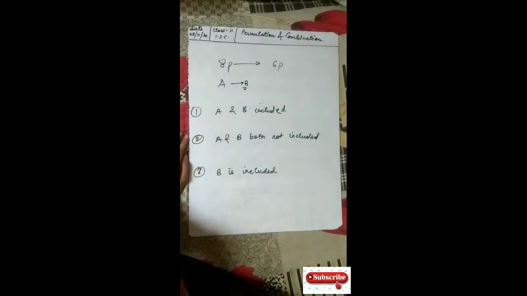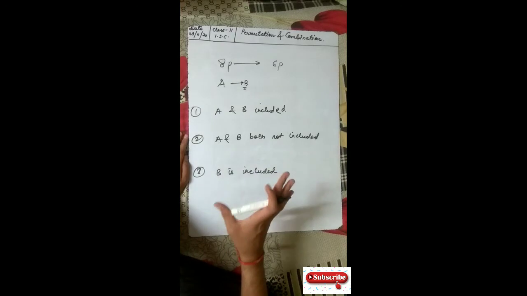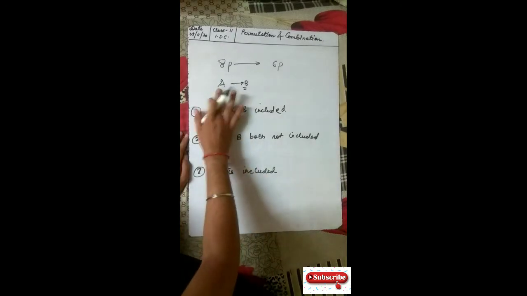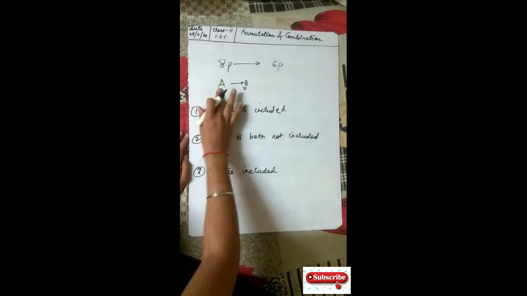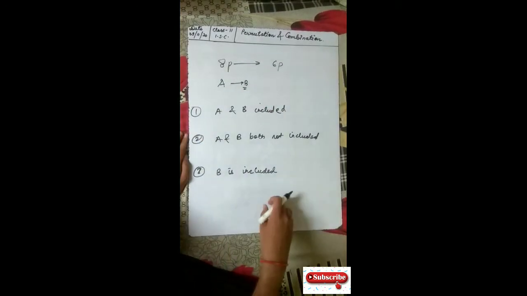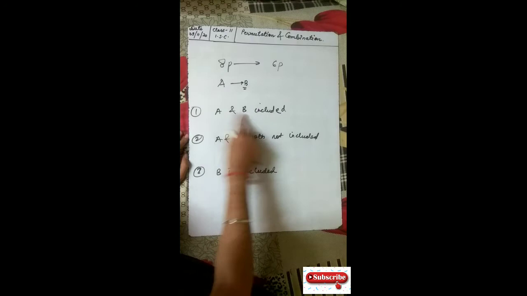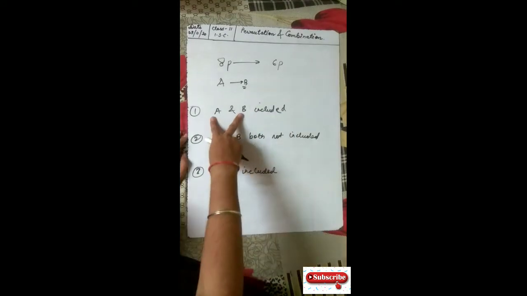But it does not matter that if A won't come, then B can also come. It is not mandatory that if A will not come, then B will also not come. B can be included.